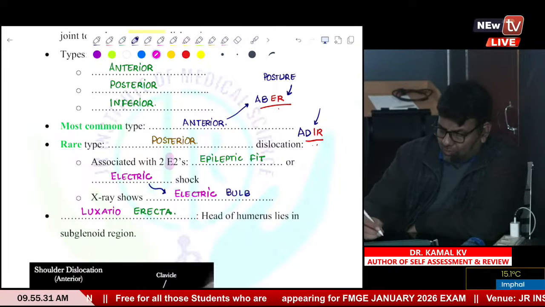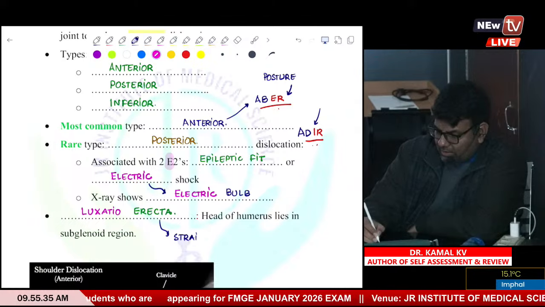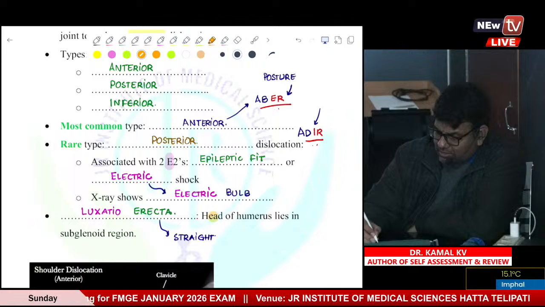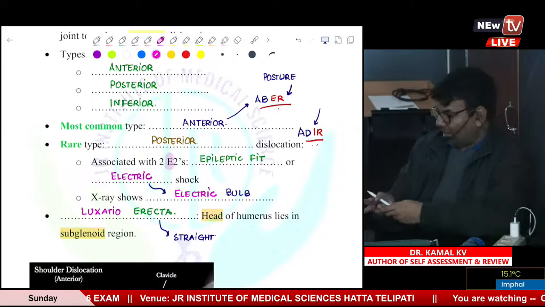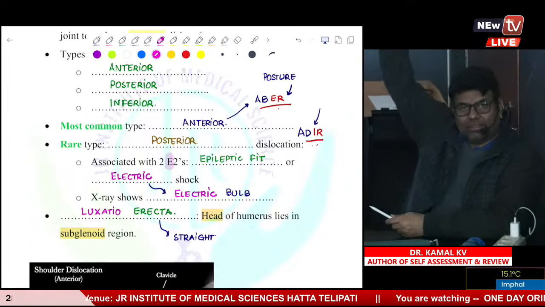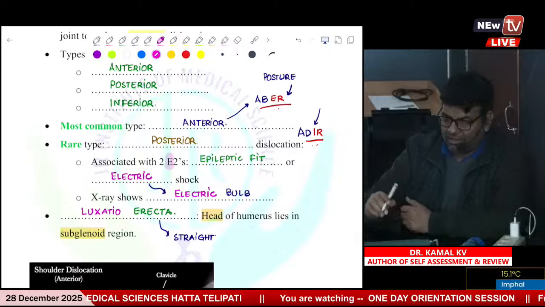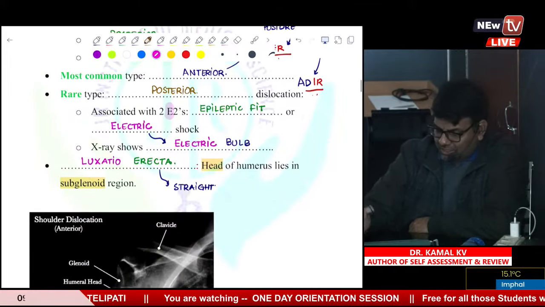Now erecta means what? Erecta means straight. So what happens is, as the head of humerus slips below the glenoid cavity, the upper limb is abducted like this, and the arm is almost touching the ear. So very peculiar presentation.